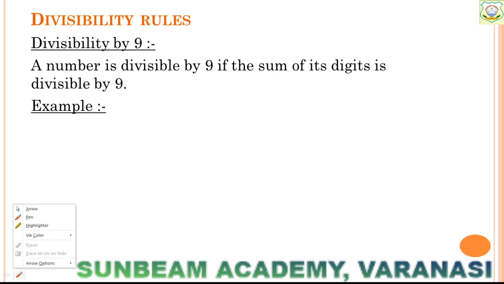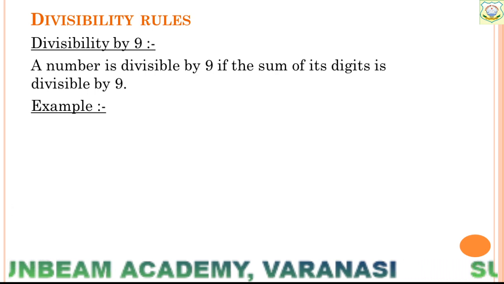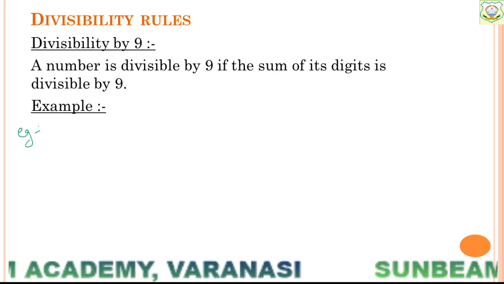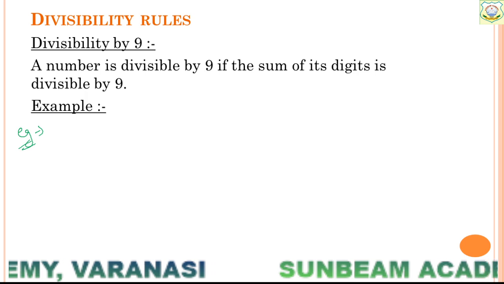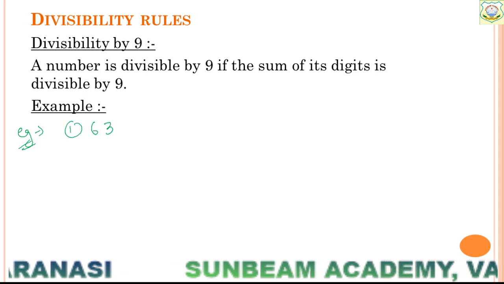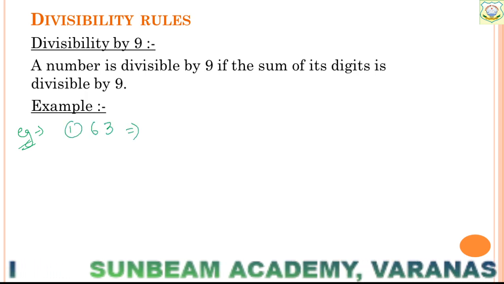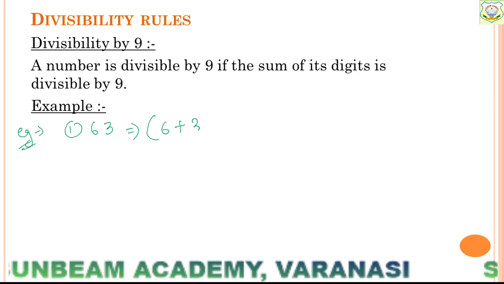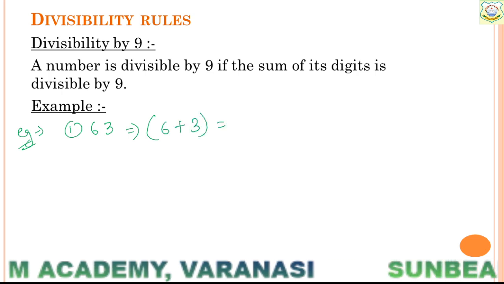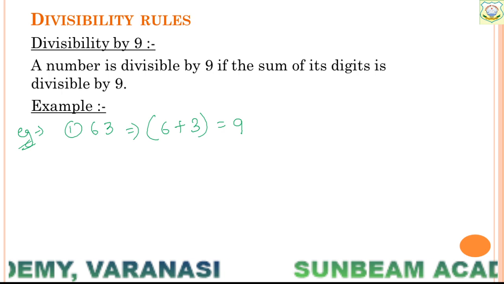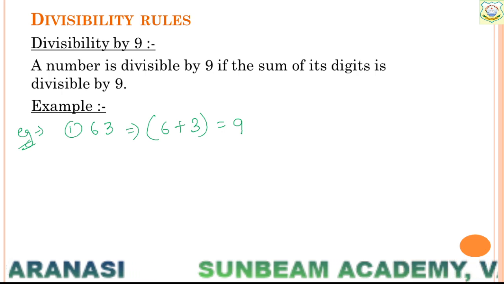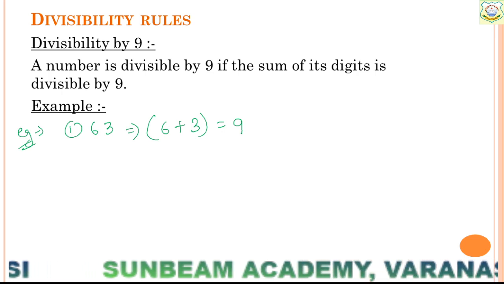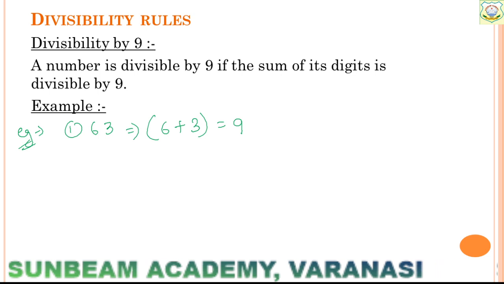So let's do the example. First is 63 I have taken. Now first add the number. Now 6 plus 3 is 9. So now tell me, does 9 come in the table of 9 or not? Yes, it does come. 9 ones are 9.